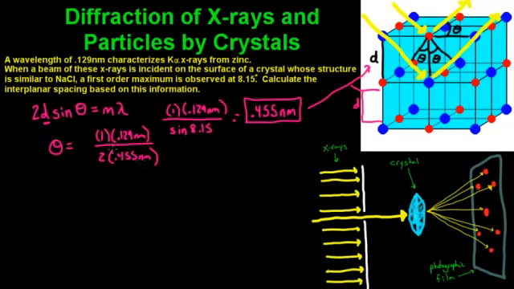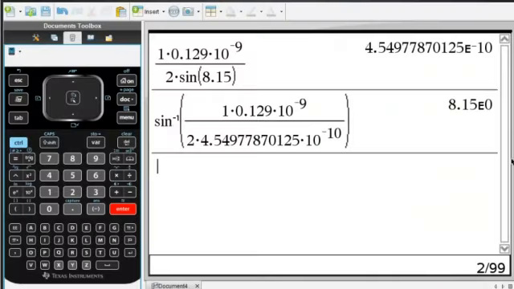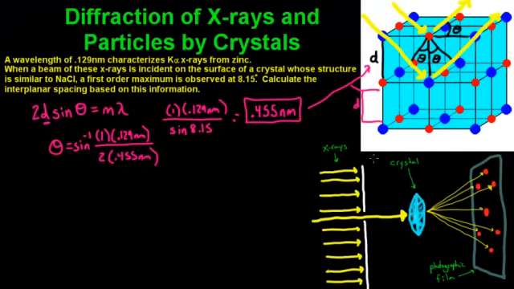And then you're going to throw the sine over, but when you do that, it becomes the inverse. So all you have to do is take the inverse of sine, which is sine negative 1. When we do that, sine negative 1 times 1 times our wavelength divided by 2 times the distance is going to give us theta, 8.15, which is what we had. I was just showing you in case they asked for something else.